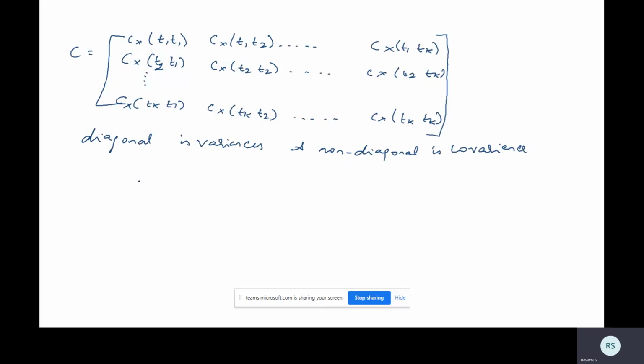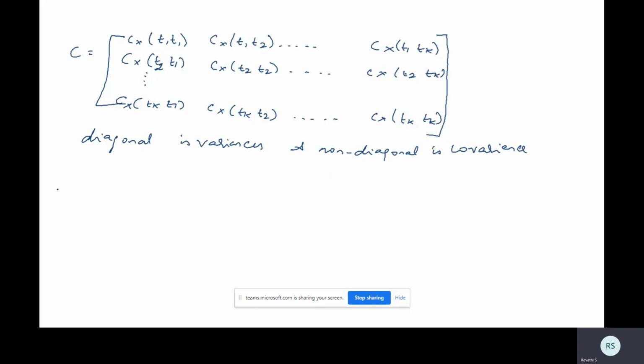So absolutely, this special case gives you an important property in the Gaussian. Please remember, we are talking about stationary processes. When do we say first order stationary? First order stationary is when the mean of the random variable is a constant.